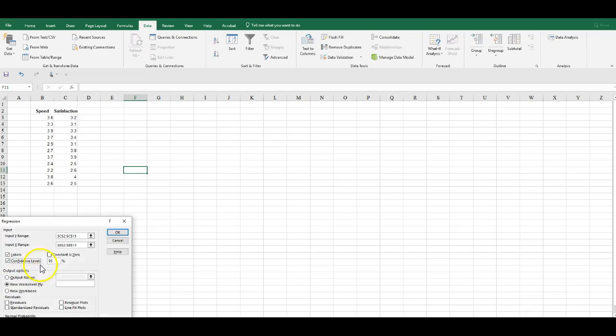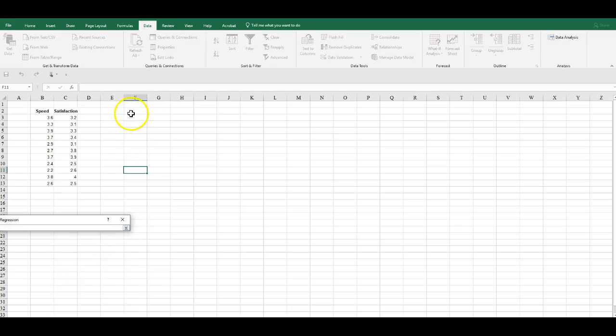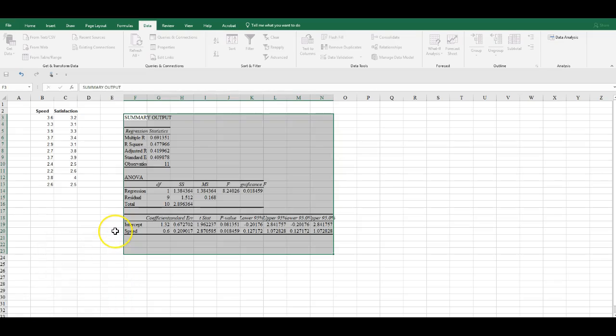We use the standard 95% confidence interval. I'm going to output this in the same worksheet here. They haven't asked for residuals, so I won't select any residuals right now or normal plots.